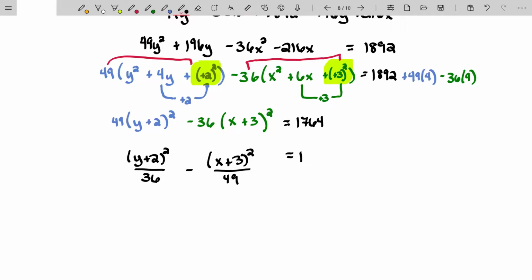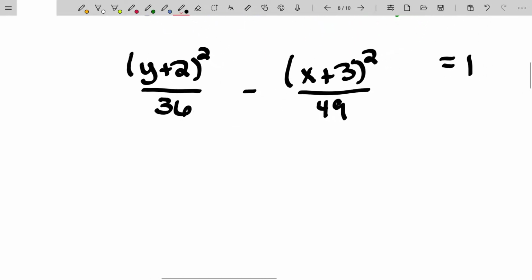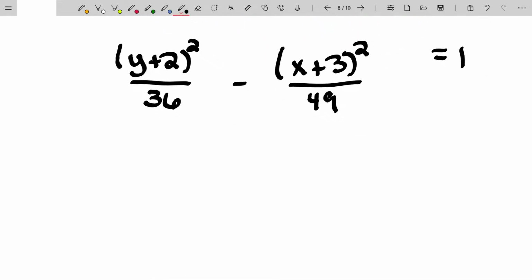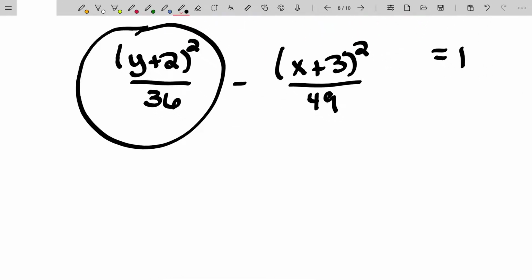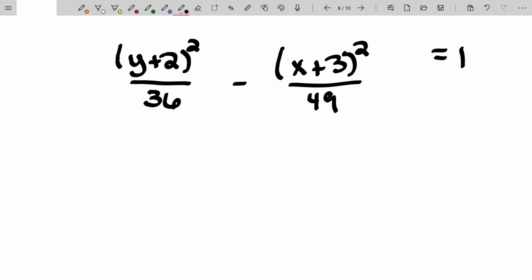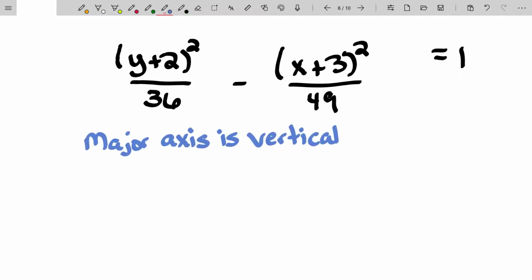And now I'm ready to talk about all the important pieces. One thing you should note, this is definitely a hyperbola because it's a squared term on your variable minus the squared term of the other variable. The major axis here will be vertical because the y is the positive value. See, v sub x is 7.